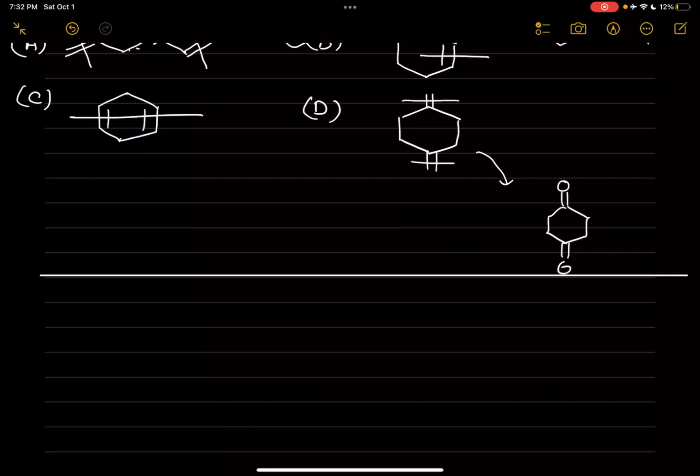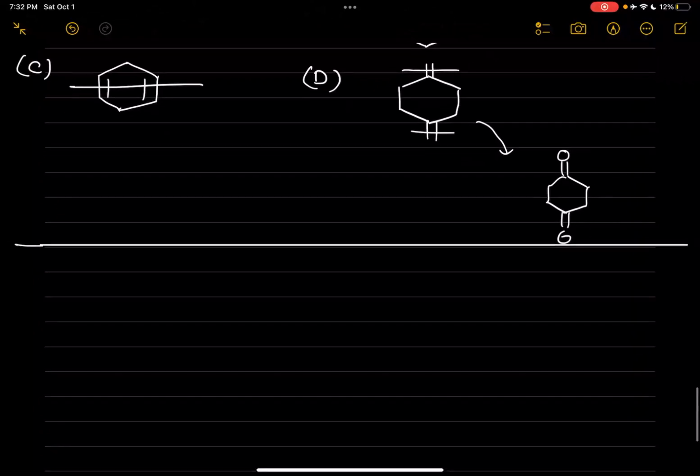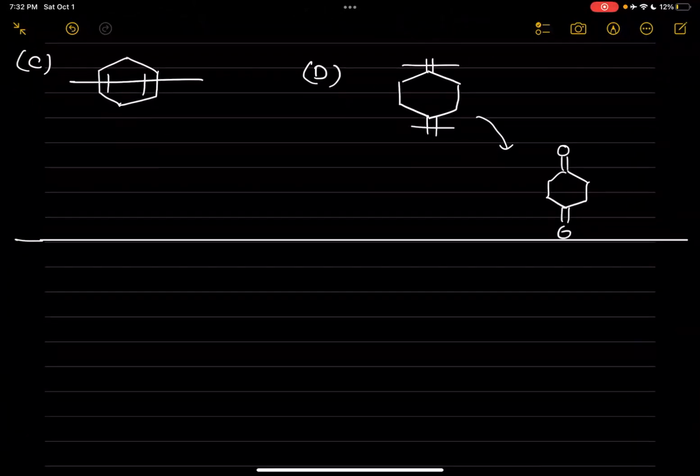Now we move to the most important way of preparation of aldehyde and ketone, that is from carboxylic acids and their derivatives.